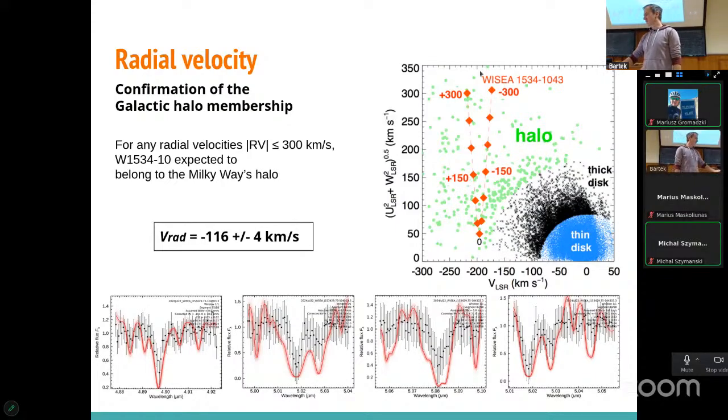And in this diagram, you can see a comparison with different galactic populations: the thin disk and thick disk in blue and black, for non-Gaia stars, and the halo with larger velocities, and the kinematics of our target. It is located right here. So we can easily and with high confidence say that it belongs to the halo population.